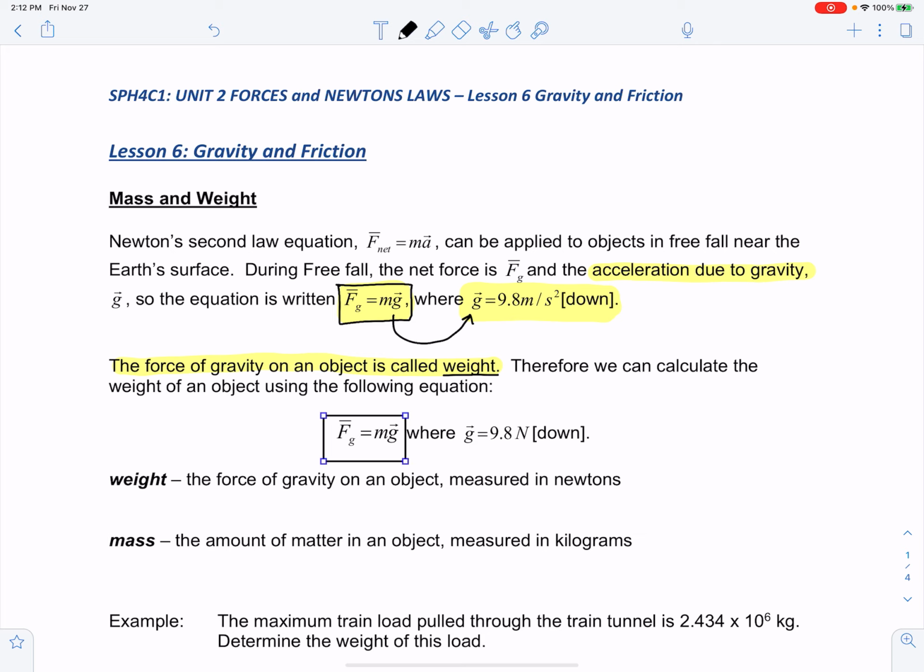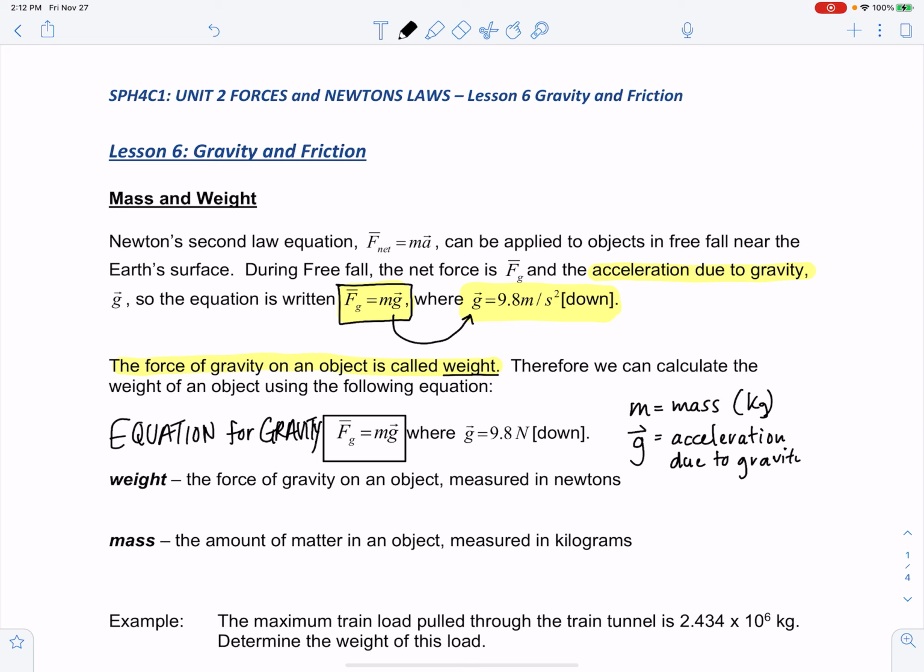This is our equation for gravity, where m is the mass in kilograms and g is the acceleration due to gravity, and it's equal to 9.8 newtons per kilogram down.